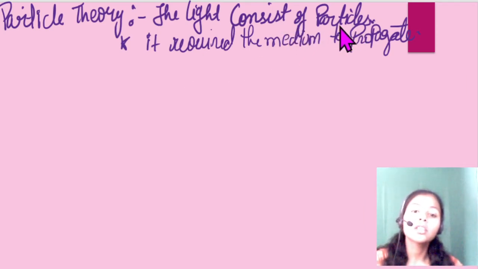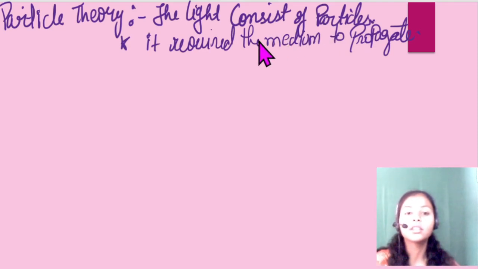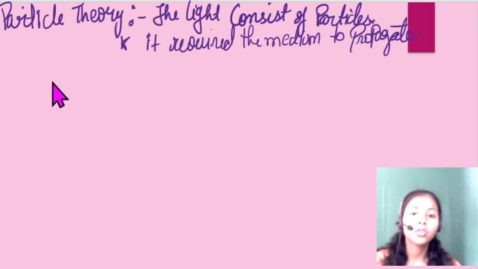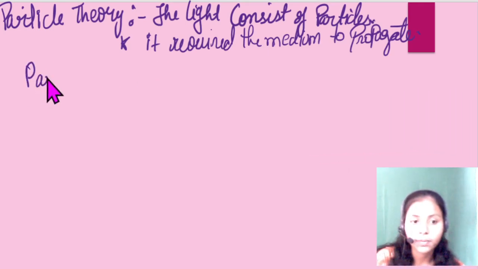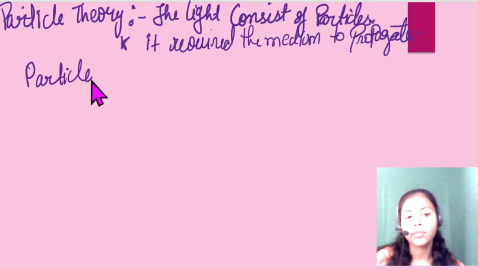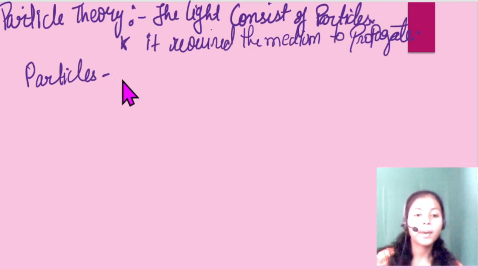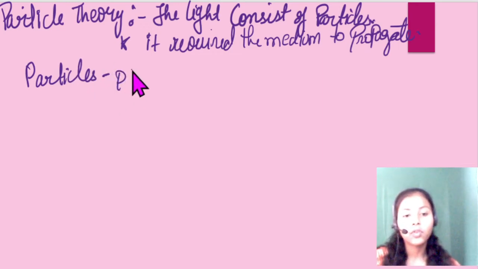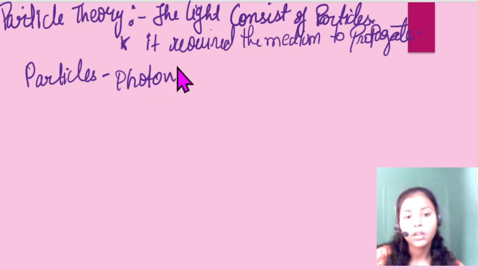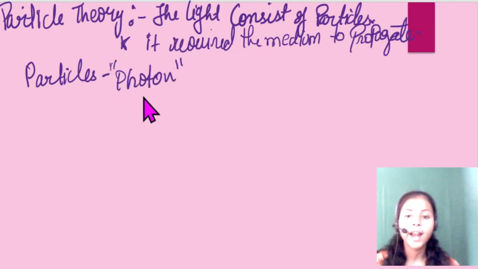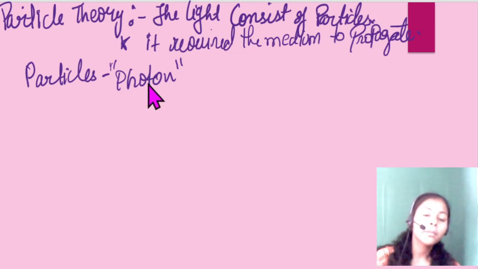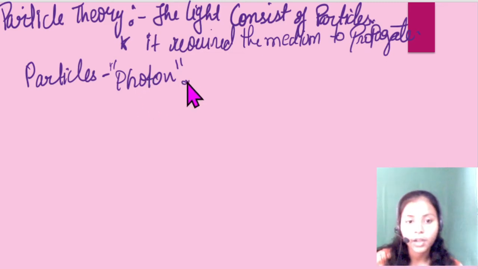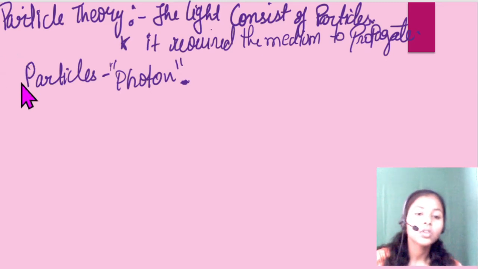So what are the particles of which light consists and through which it moves? The particle is the photon. This is the name of the particle of which light consists and which propagates in any medium. So this is about the particle theory.